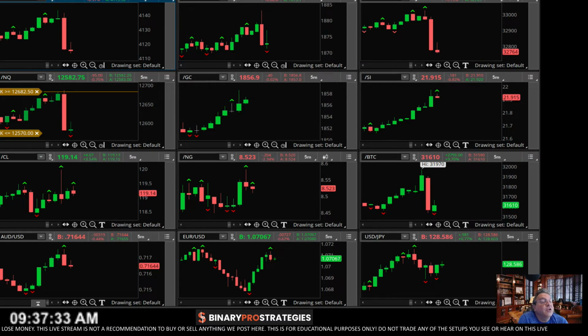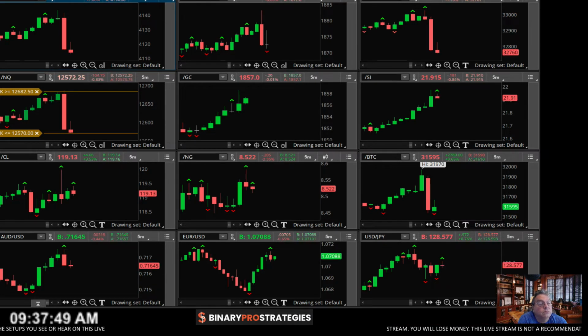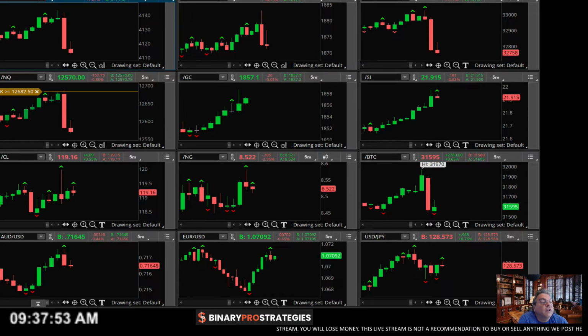Okay, NQ getting closer to target. 12570 is its target. We're sitting at 12575. Profit target hit. Target hit on NQ. Exiting NQ.